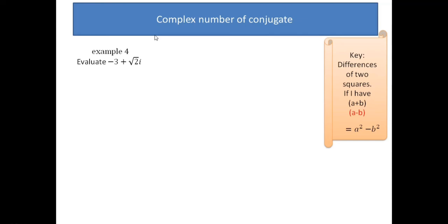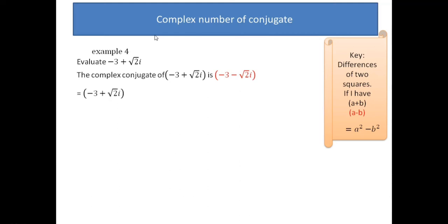But with the knowledge of the conjugate, the complex conjugate of negative 3 plus the square root of 2i is negative 3 minus the square root of 2i. So now by the conjugate, I am able to evaluate this further.